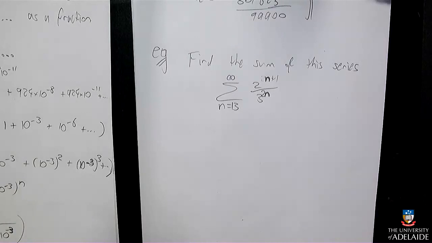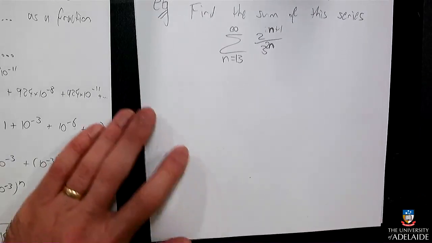So for them to say find the sum tells you that it probably is a geometric series. And that is confirmed by the fact that almost everything here involves powers, and geometric series are about powers. So if I can rewrite this in terms of something to the power of n, then I have a chance of using geometric series to find it. So I'm going to work my way through this.